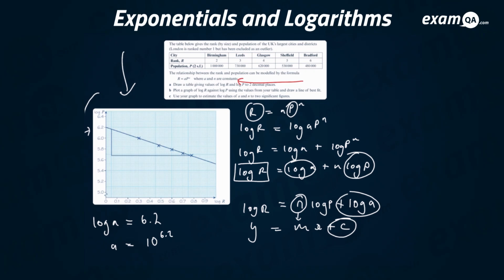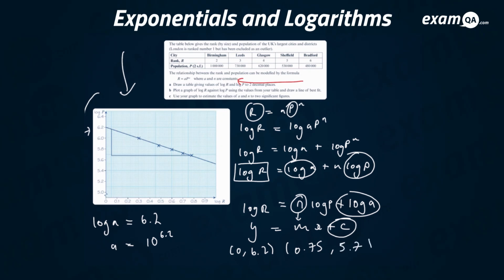I don't have the values in as such. If I just pick two random values, let's just say 0 comma 6.2, and let's say also an easy value, 0.75 comma 5.7.